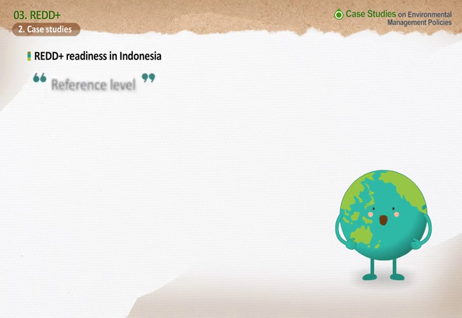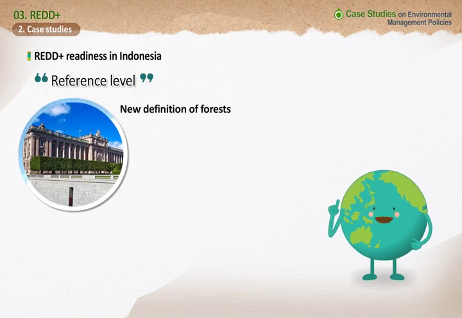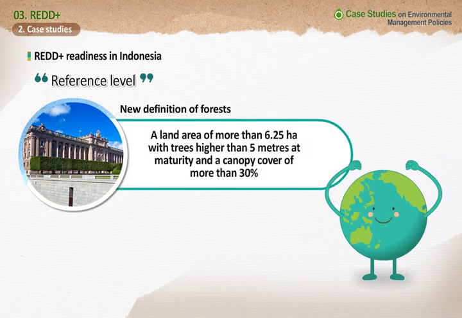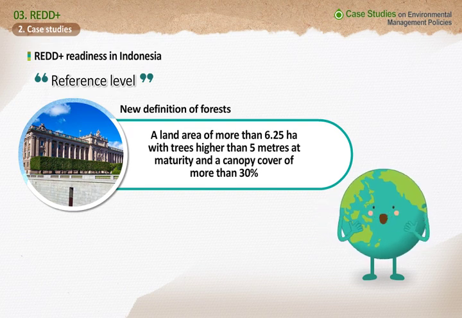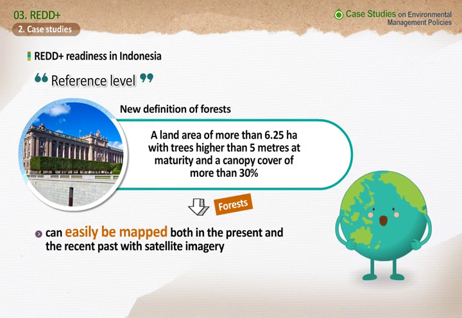For the purposes of its forest reference level, the government developed a new definition of forests, which is a land area of more than 6.25 hectare with trees higher than 5 meters at maturity and a canopy cover of more than 30%. This definition is important because forests with these parameters can easily be mapped, both in the present and the recent past, with satellite imagery.